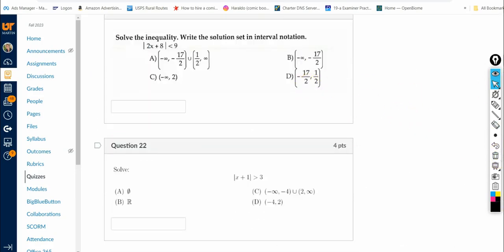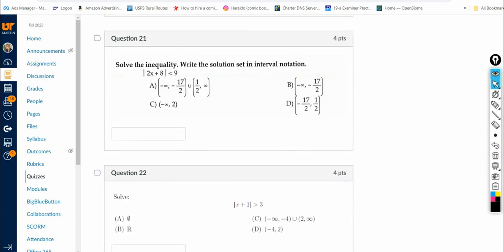All right, so let me go with this one. So for that one, we're going to have 2x plus 8 is less than 9, and it's contained in here. So now I want to get x in the middle by itself.